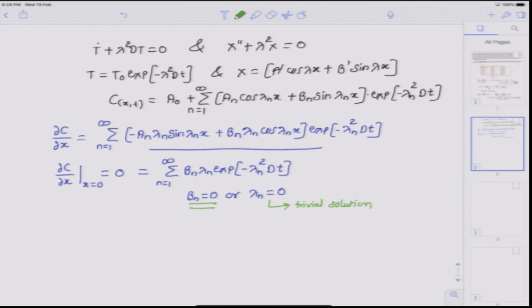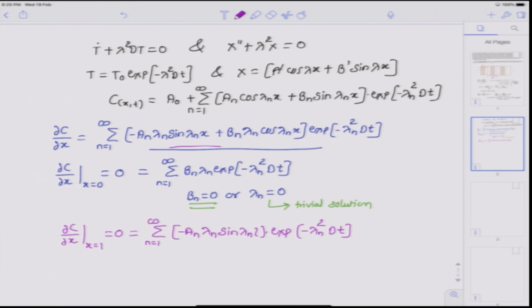Now, we have dou c by dou x at x equal to L, which is also 0. So, if we substitute for x equal to L in the right hand side here, we know b n we have already got as 0, should be equal to sigma n equal to 1 to infinity minus a n lambda n sin lambda n L times exponential minus lambda n square dt.